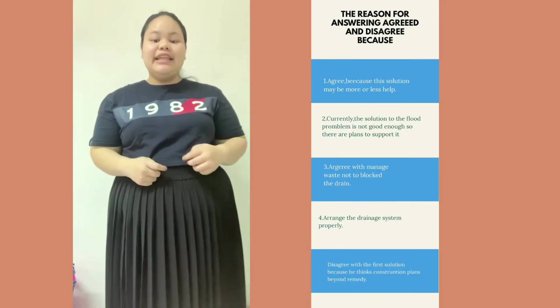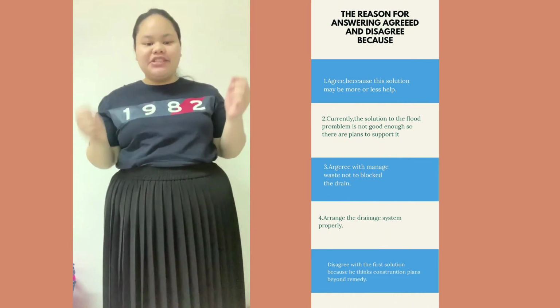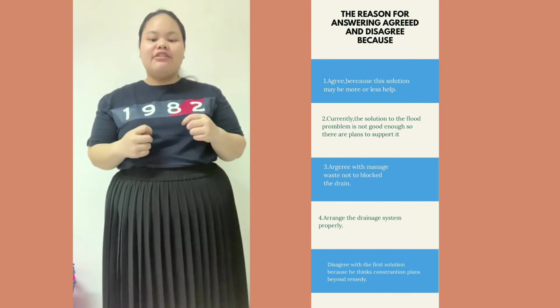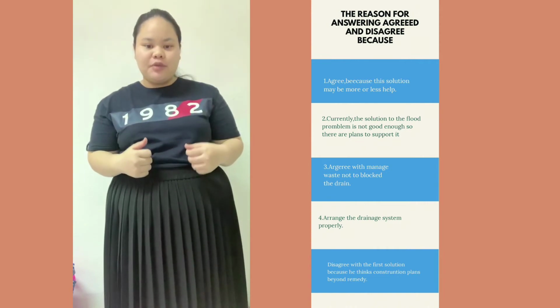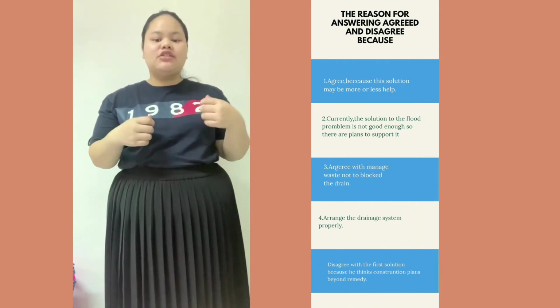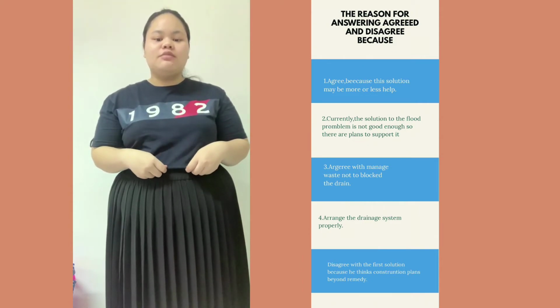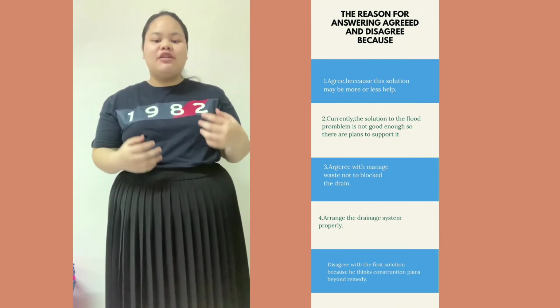In the second, I will show the reasons for answering agree and disagree about our solutions. The first, they agree because these solutions more or less help. The second, because currently the flood problem in KU cannot be solved, so they think this solution can prevent the flood.